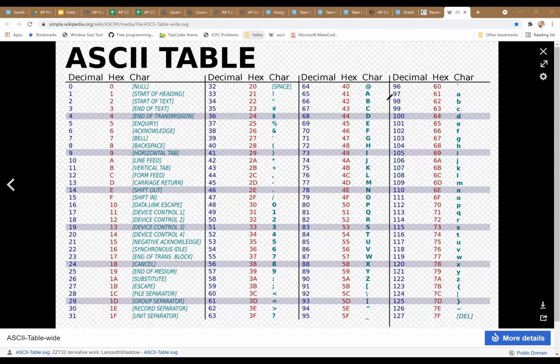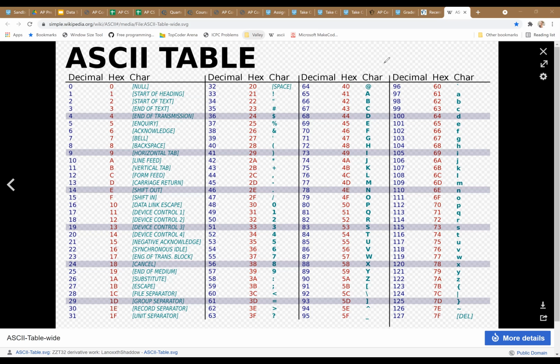So we can look at our table. If I see the letter D, that is represented by the number 68 in decimal, which we can then convert to binary, or vice versa. If we're given a binary value, can you use this table to find what the proper encoding is? That's what one of the quizzes that we're going to do today is going to have in store.